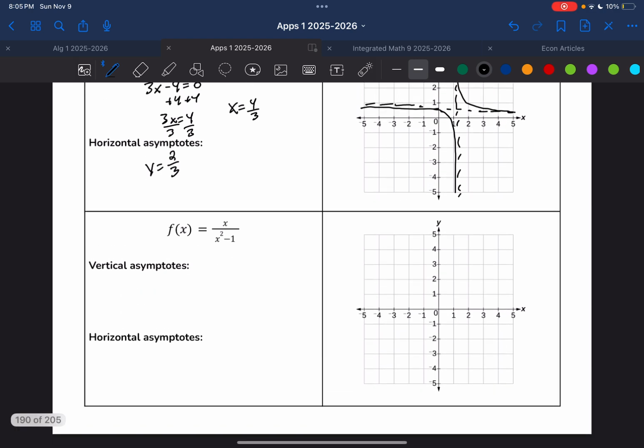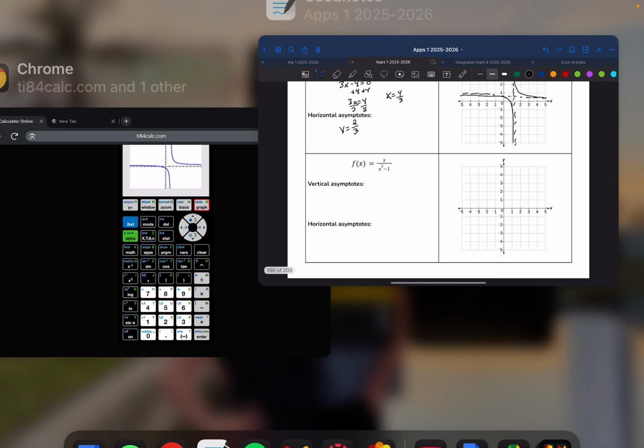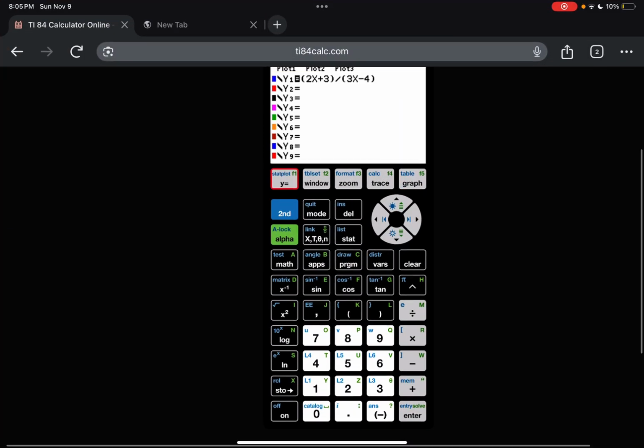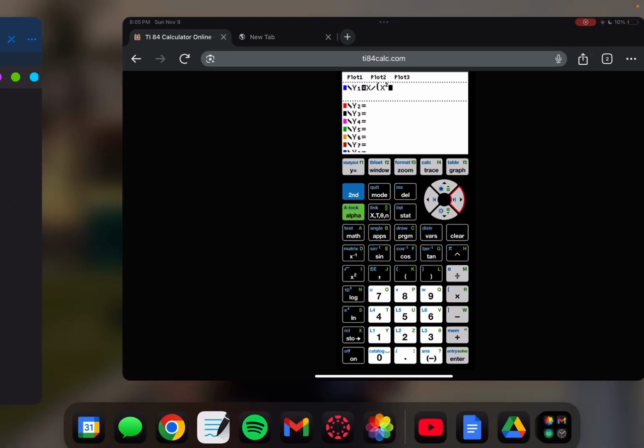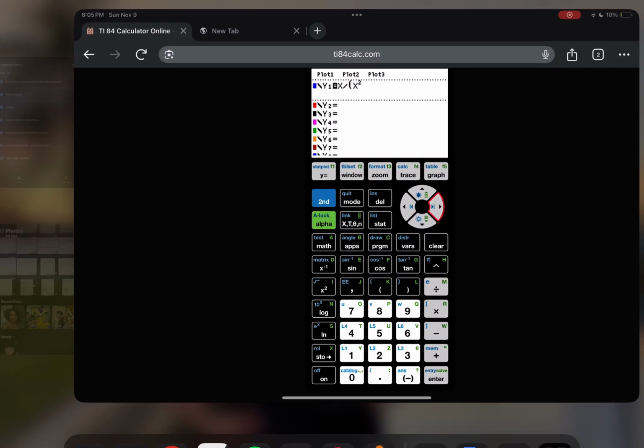Okay. Let's go to the last one. Let's graph this, and so we have x divided by x squared minus 1.